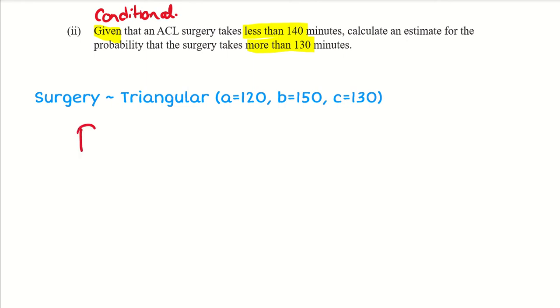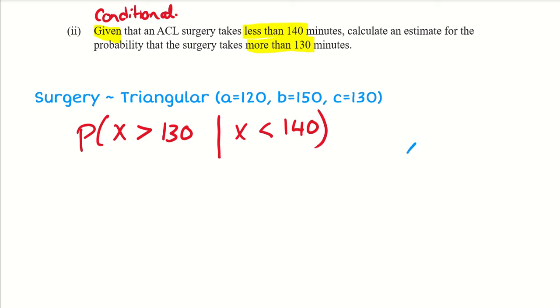So this is saying what's the probability that the surgery takes more than 130 minutes given that it takes less than 140 minutes. Okay, so there's two parts to this. So I've got the information there about our distribution. It's triangular. There's our A, B, C values from up above.